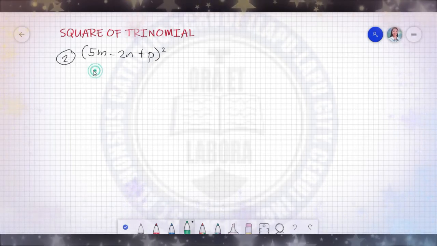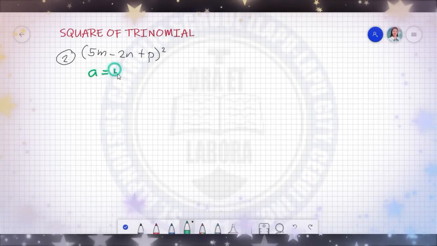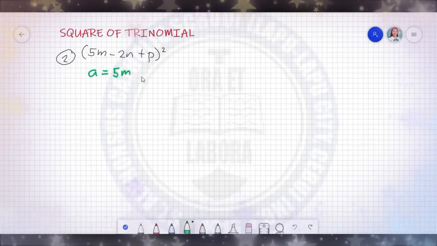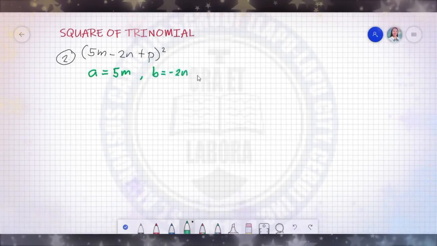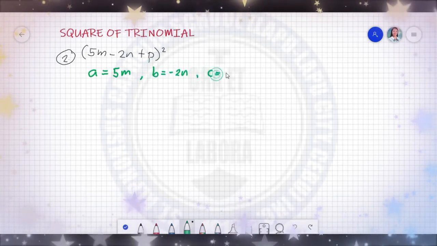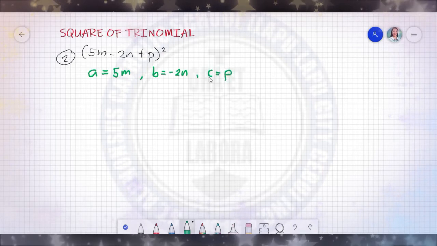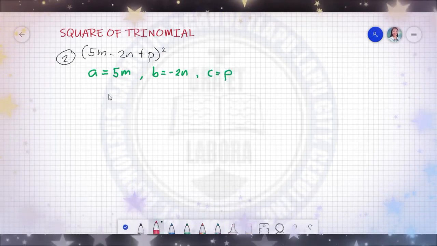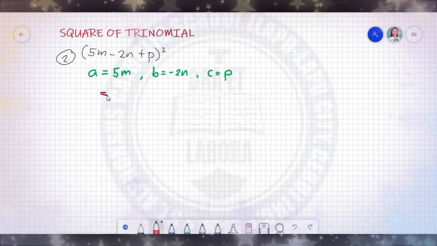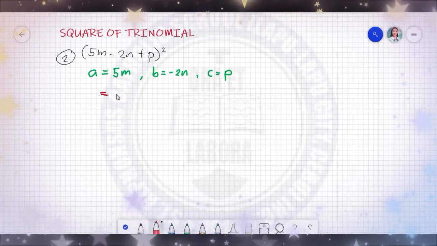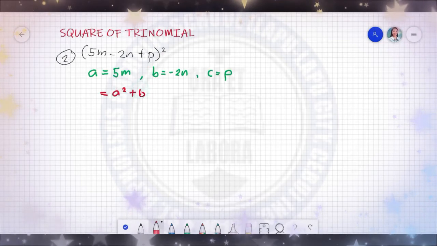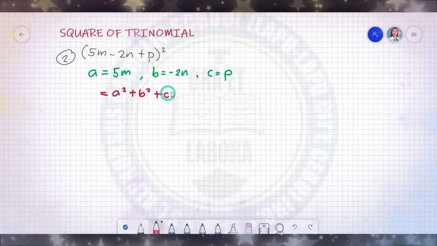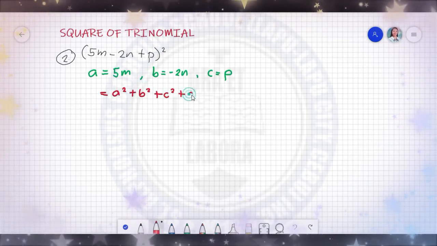So the first term is 5m, the second term is negative 2n, and the third term is p. And the second step, you need to write first the pattern, which is a squared plus b squared plus c squared plus 2ab plus 2ac plus 2bc.